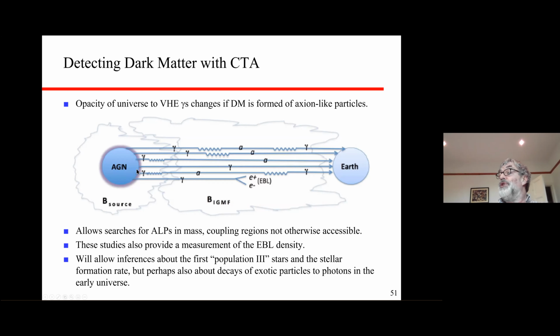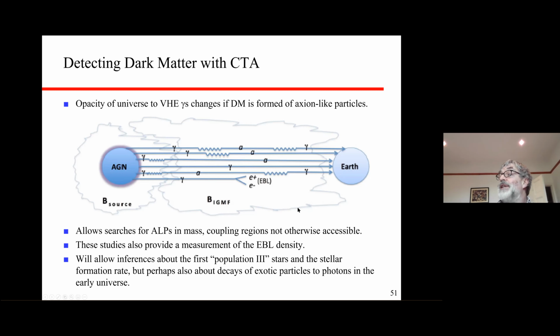So if you look at a remote source from the Earth, then you'd see fewer photons which can interact like this than you'd expect. And that changes the shape of the energy distribution of the source that you measure on the Earth.